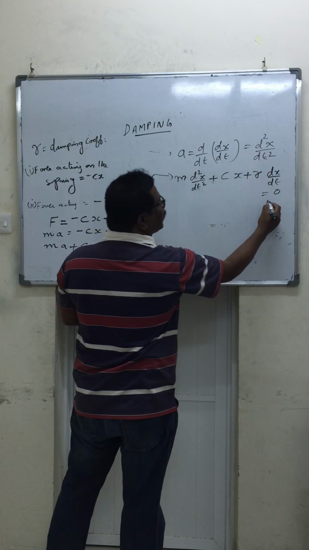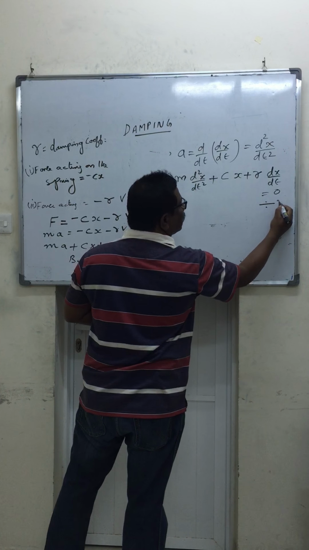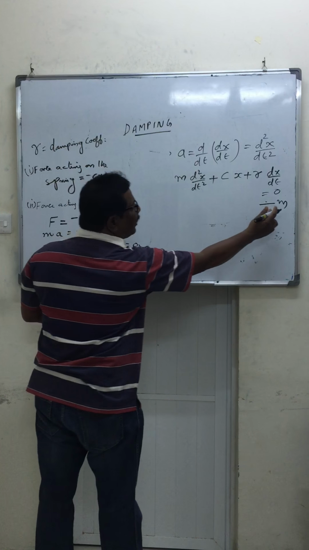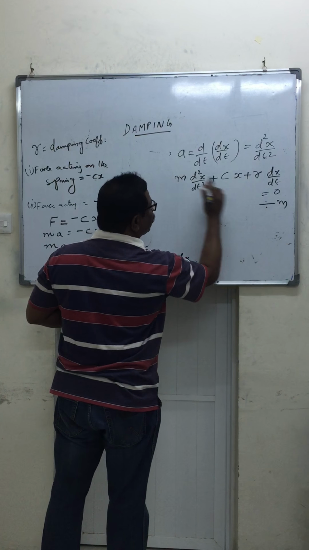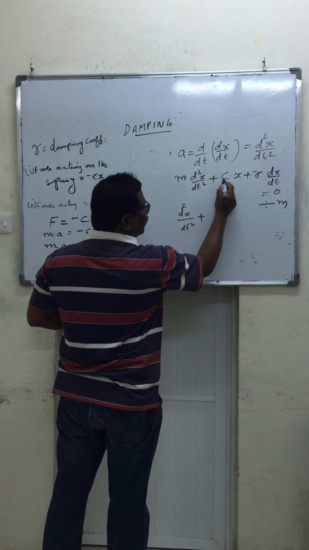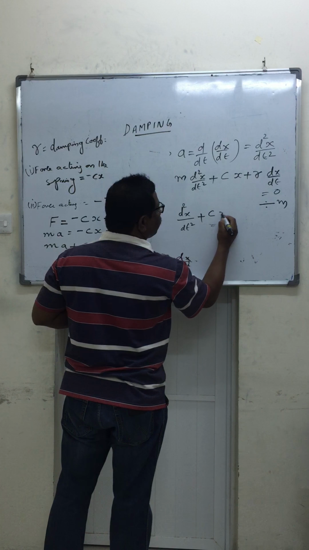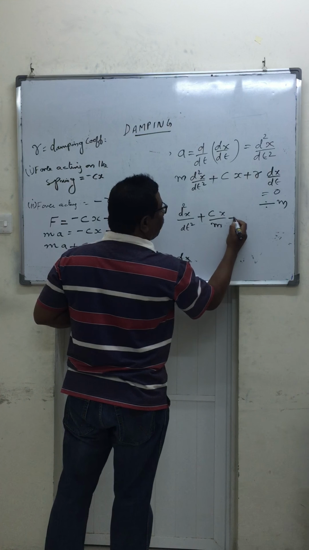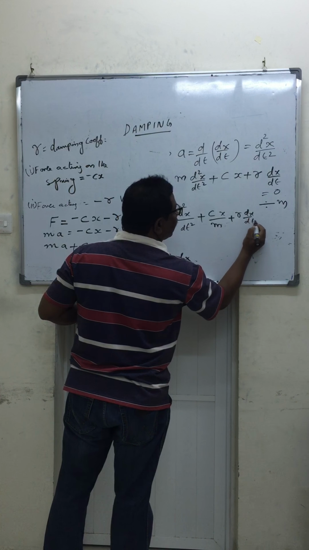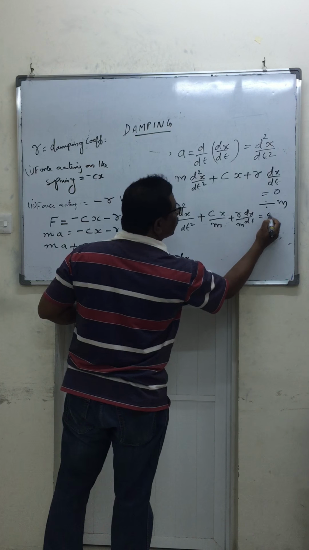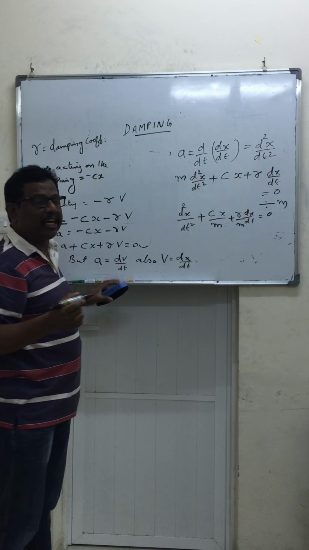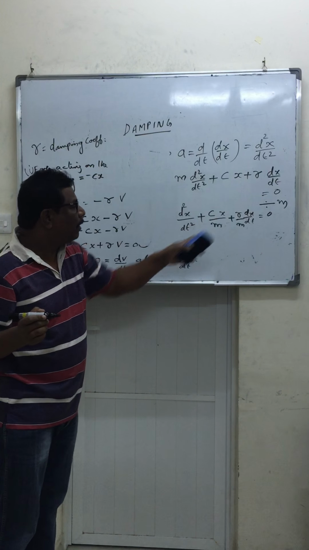Now divide this equation by mass. When you divide by m, the m gets cancelled. d square x by dt square plus Cx divided by m plus gamma dx by dt divided by m, which is equal to what? 0. So you got the second order differential equation.